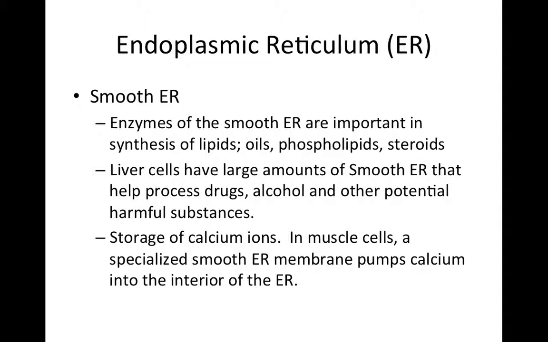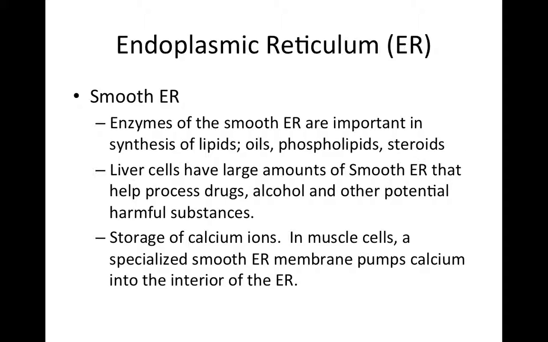Flipping back to smooth. Enzymes of the smooth endoplasmic reticulum are important in the synthesis of lipids, fats, oils, phospholipids, and steroids. Liver cells, for example, have large amounts of smooth ER that help process drugs, alcohol, and other potentially harmful substances.